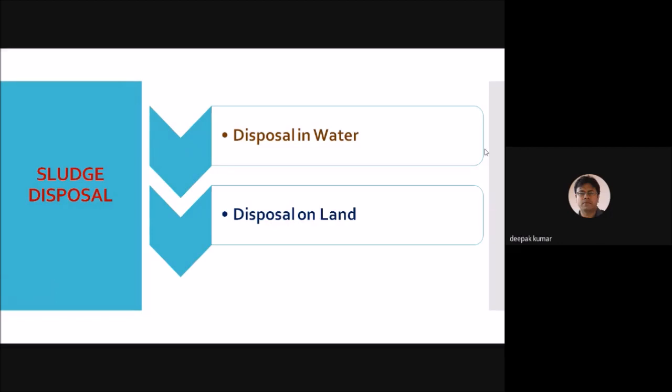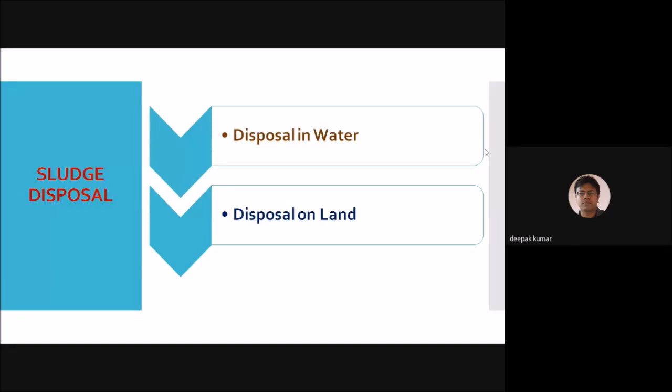And as far as the water is concerned, the sludge cannot be dumped into some river or pond. So fresh water sources cannot be used for dumping. Why? Because if the sludge is disposed of in fresh water sources, it can contaminate the whole water.